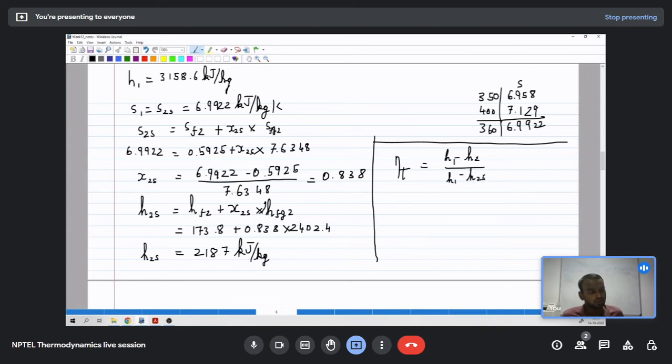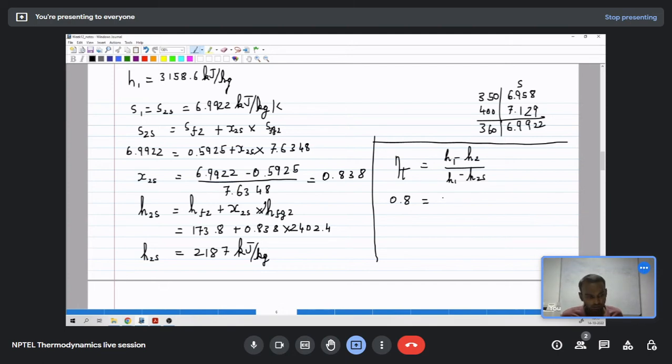Here the ideal work will be more than the actual work, so in the efficiency formula that lies in the denominator. Efficiency is given as 0.8, and we know H1 and H2s, so with that we can calculate H2.